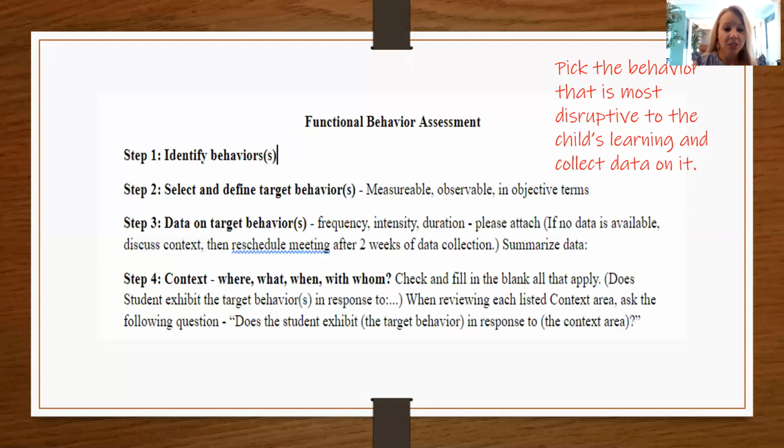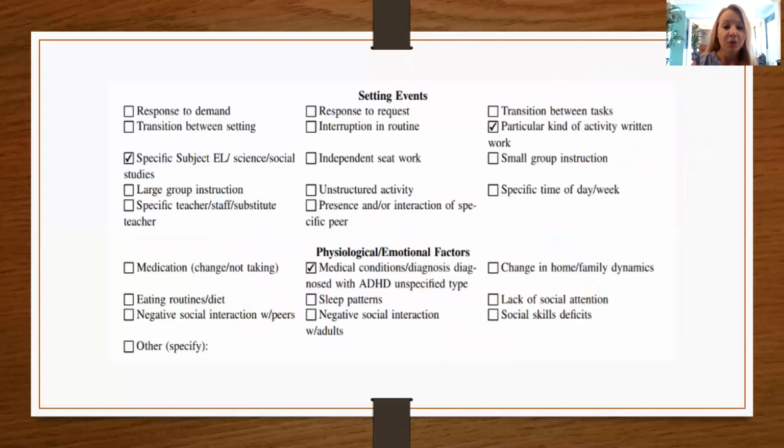And then you want to look at the context. So when, how, where, with whom is this happening? There are some check boxes on the next slide that we'll take a look at. So we're trying to figure out if the student is exhibiting this target behavior in response to one of these contextual areas. So we're looking at setting events. Is there a demand being placed on the student that they're responding to?